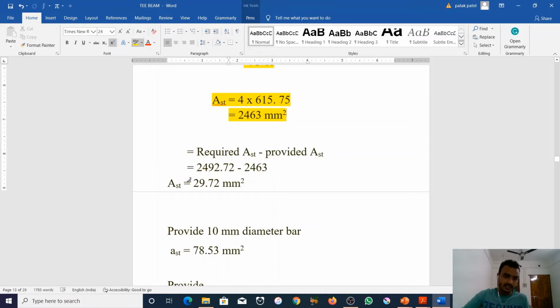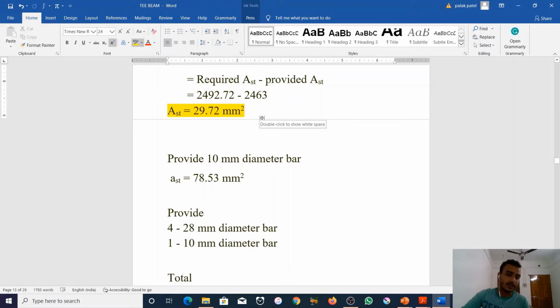So we require 29.72 mm square more. We required 2492.72, but we applied about 2460 mm square. Understood?